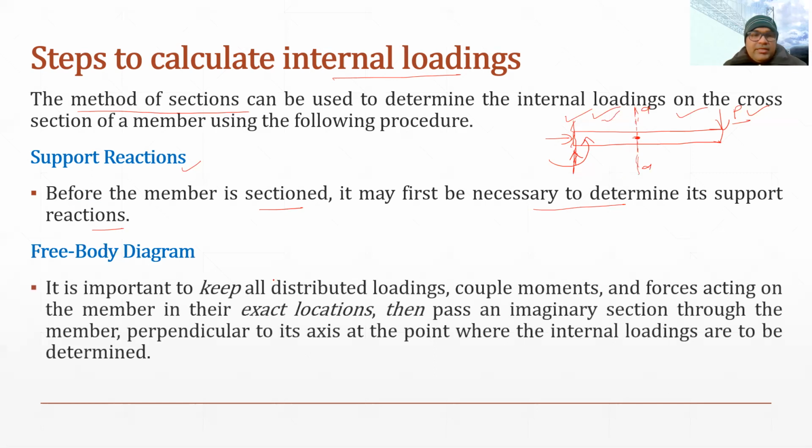Before making the free body diagram, all kinds of external load should be placed at their original position. As it is written here also, it is important to keep all the distributed loading, couple moments and forces acting on the member at their exact location.